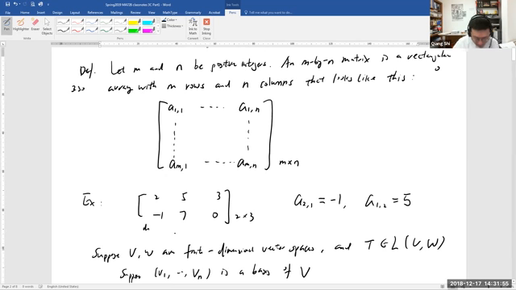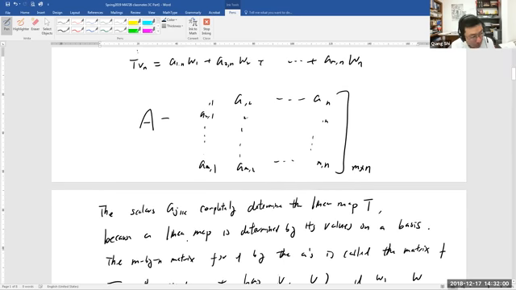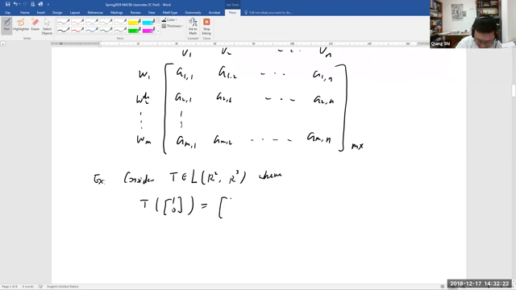Let's consider our T, which is a linear map from, let's say, R2 to R3, where we know T of (1, 0) is equal to, let's say, (1, 2, 3), and T of the other one, (0, 1), is equal to (4, 5, 6).